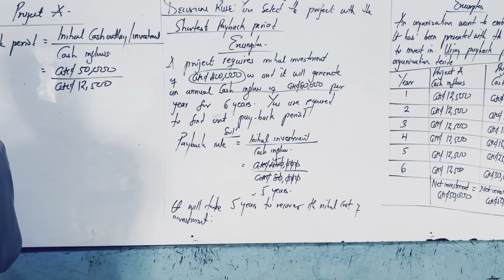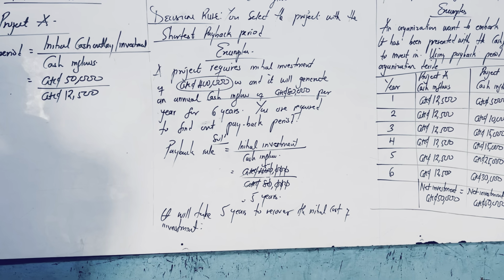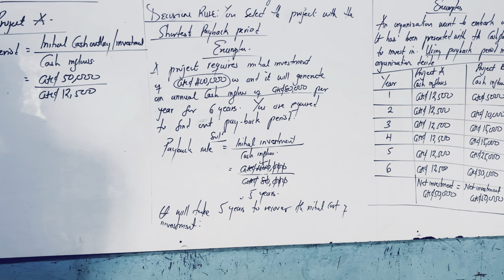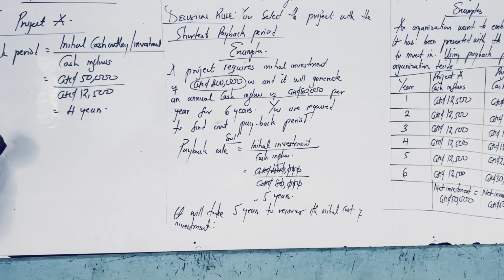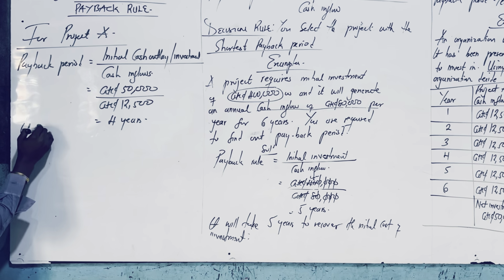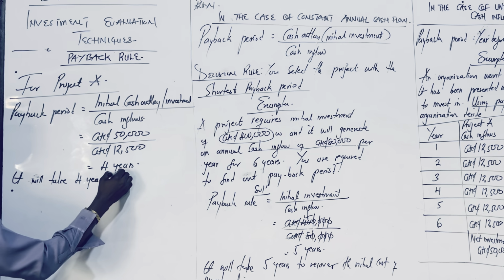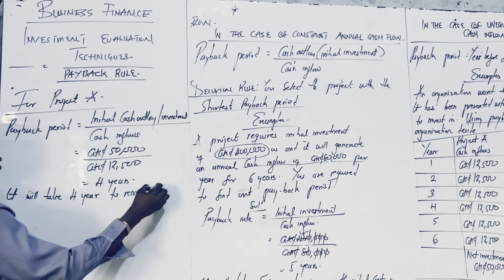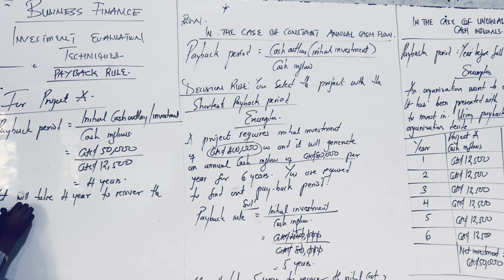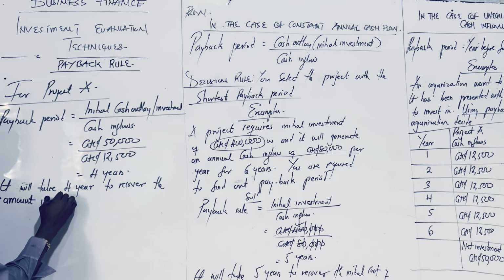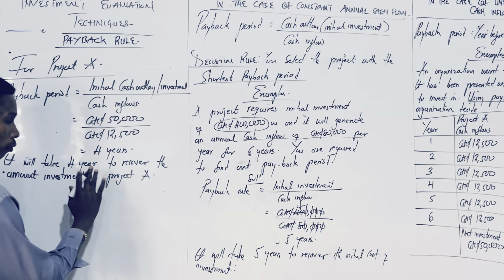So let's do a calculation. We have 50,000 divided by 12,500, and that will give us 4 years. So what does it mean? It means it will take 4 years to recover the amount invested in Project A. That is it.